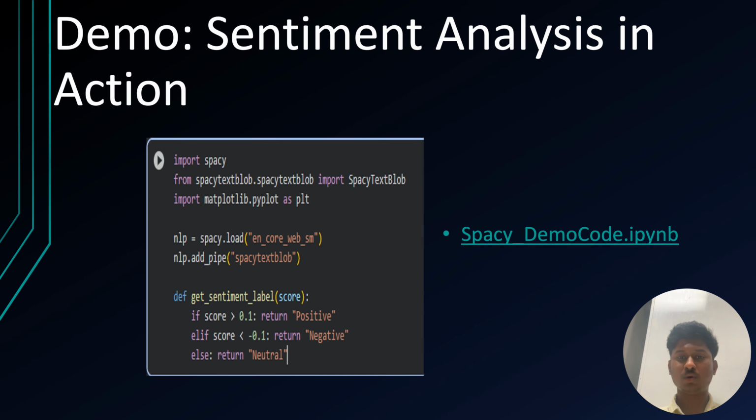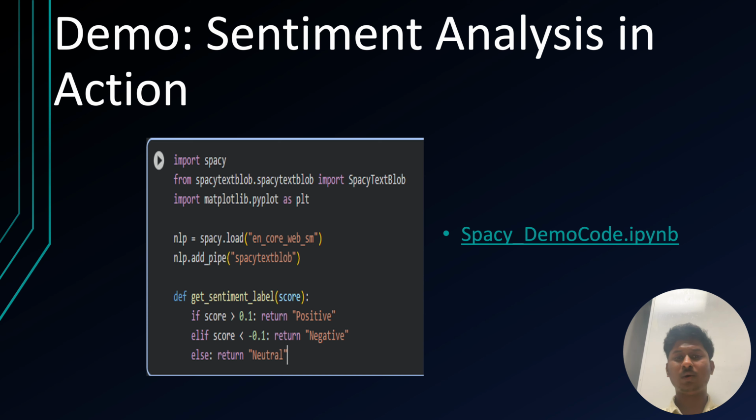In this demo, I'm showcasing how sentiment analysis can be done using SpaCy integrated with TextBlob through the spaCyTextBlob extension. The dataset here is a short movie review consisting of about 10 to 15 sentences. It includes a mix of positive and negative opinions, such as comments about the story, acting, and cinematography.